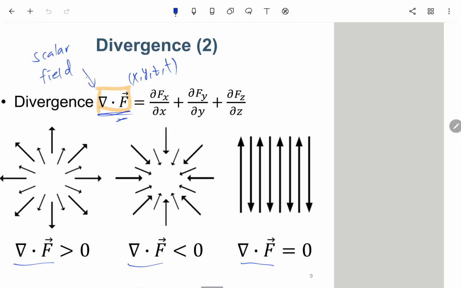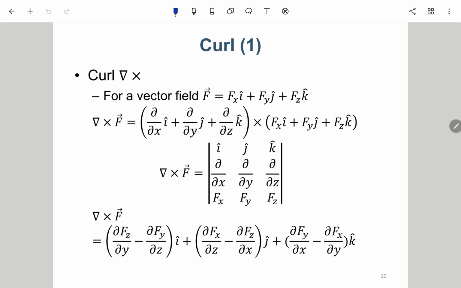Okay, so this is the divergence, and then we also talk about the curl. For the curl, with a cross product, you can imagine it is a little bit more complicated. I remember the Chinese name, it is called 旋度.